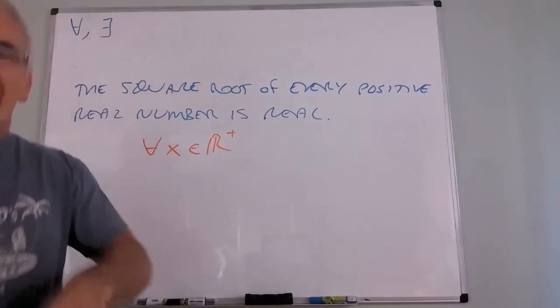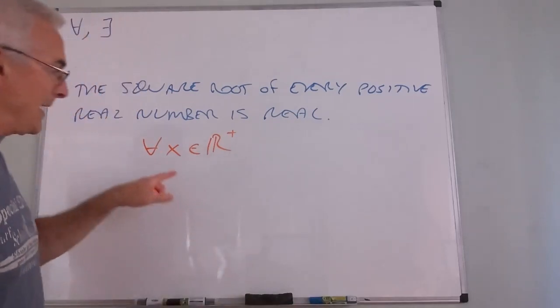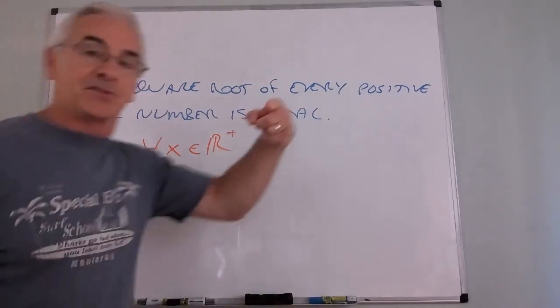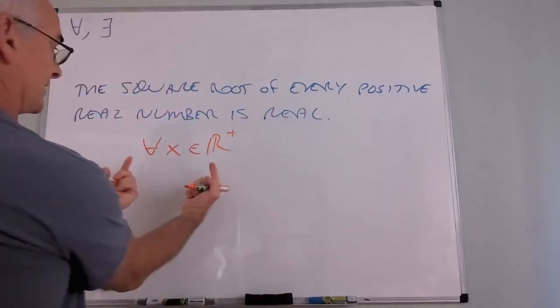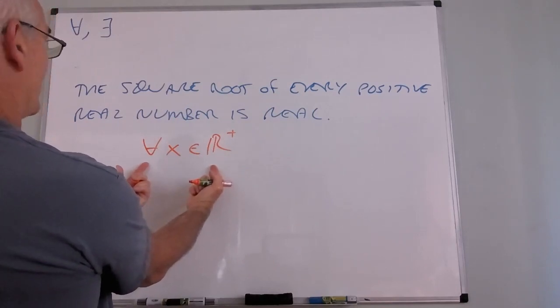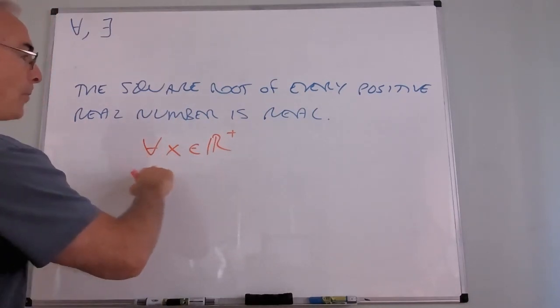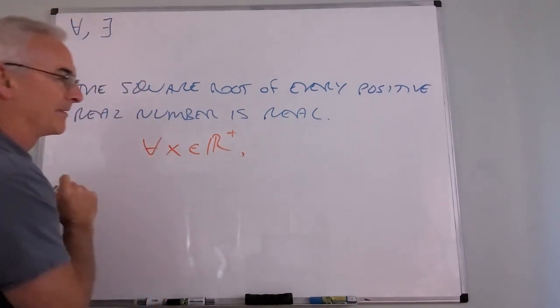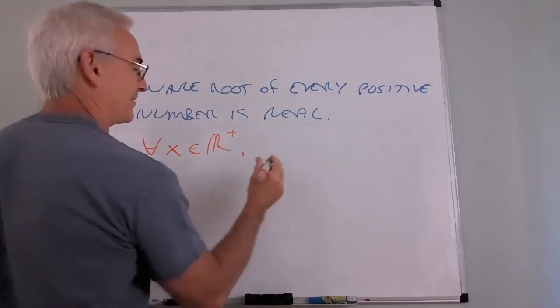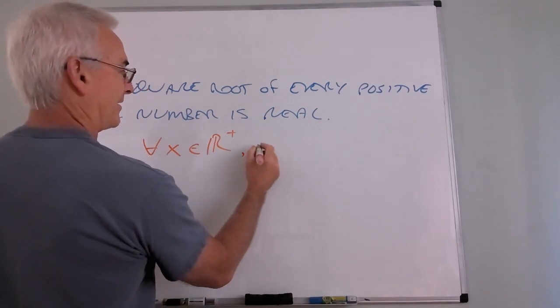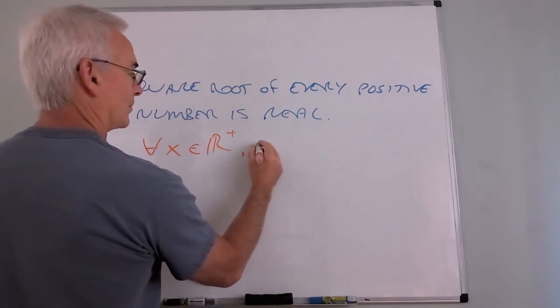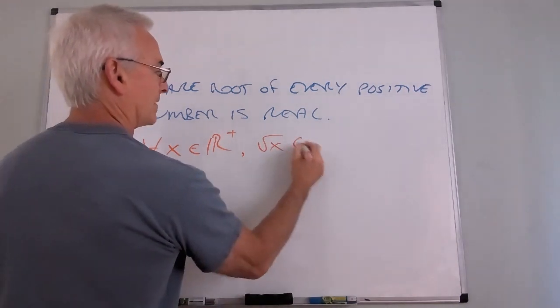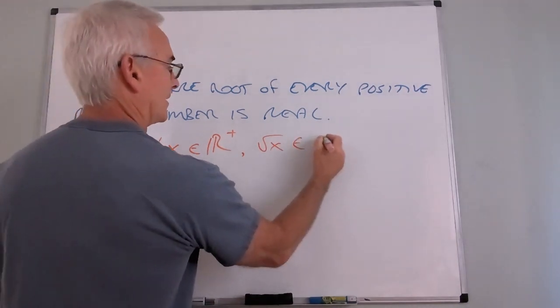Don't say every x in the positive real numbers. We put the x in there so we could then describe what's happening to x. For all positive real numbers, what? And then I guess you could do square root of x is an element of R.